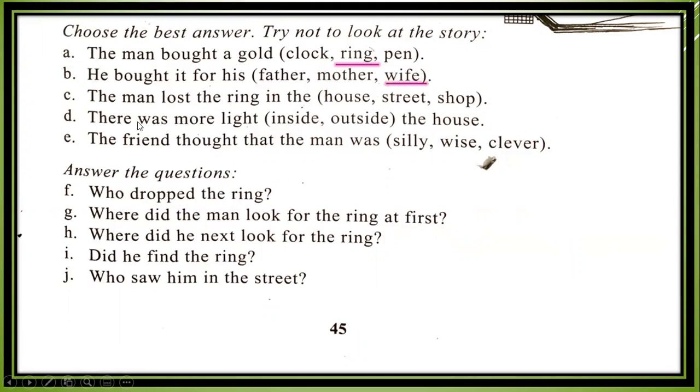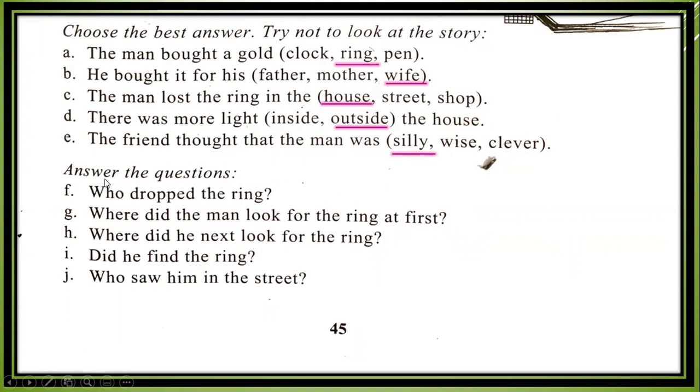Obviously for his wife. The man lost the ring in the house, street, or shop. He lost it in the house. There was more light inside or outside? Outside the house. The friend thought that the man was silly, wise, or clever. Silly means foolish. So his friend thought that the man was silly.